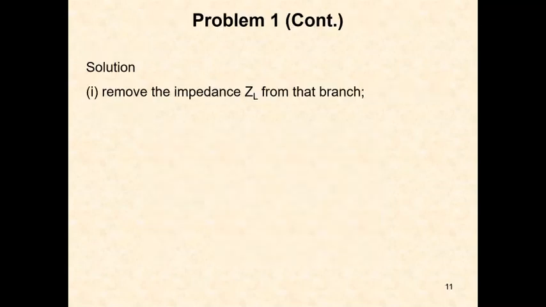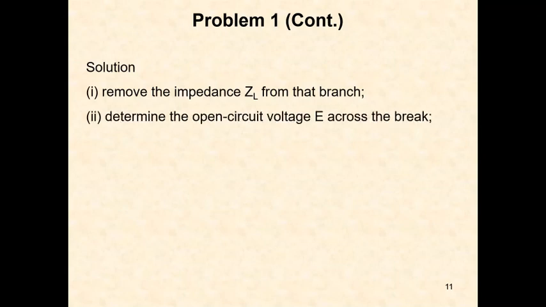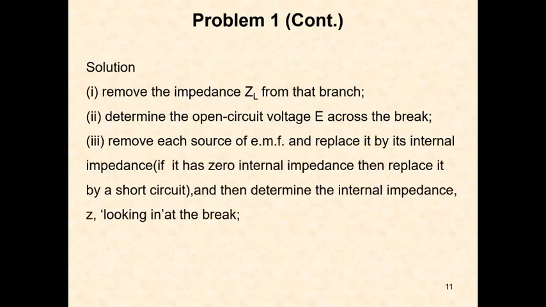So first I remove the impedance ZL from the branch. Then what will happen? The two voltage sources in series with some resistances become parallel. Determine the open circuit voltage E across the break, and remove each source of EMF and replace it by its internal impedance.